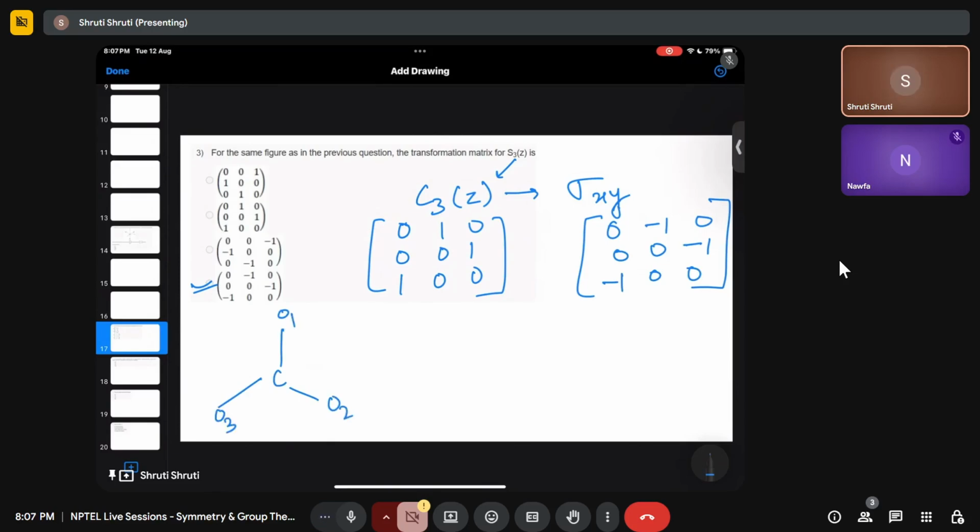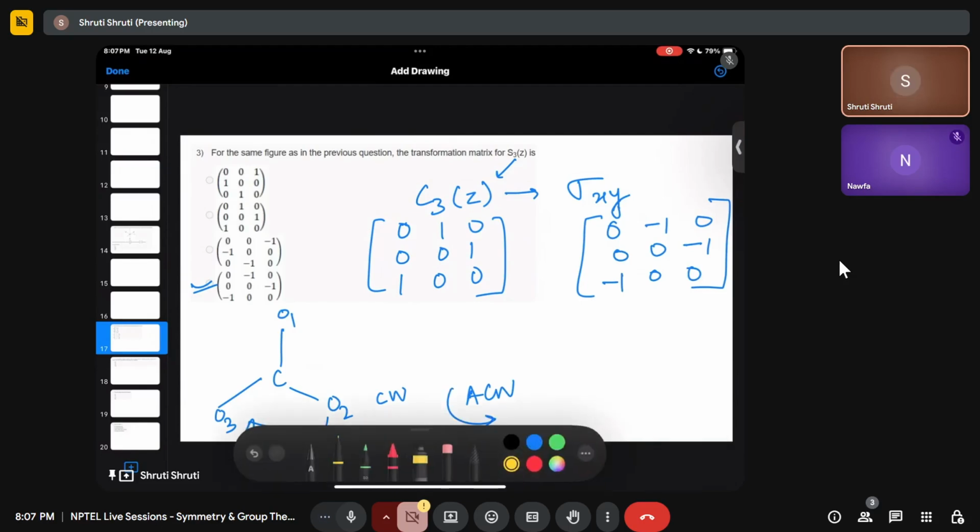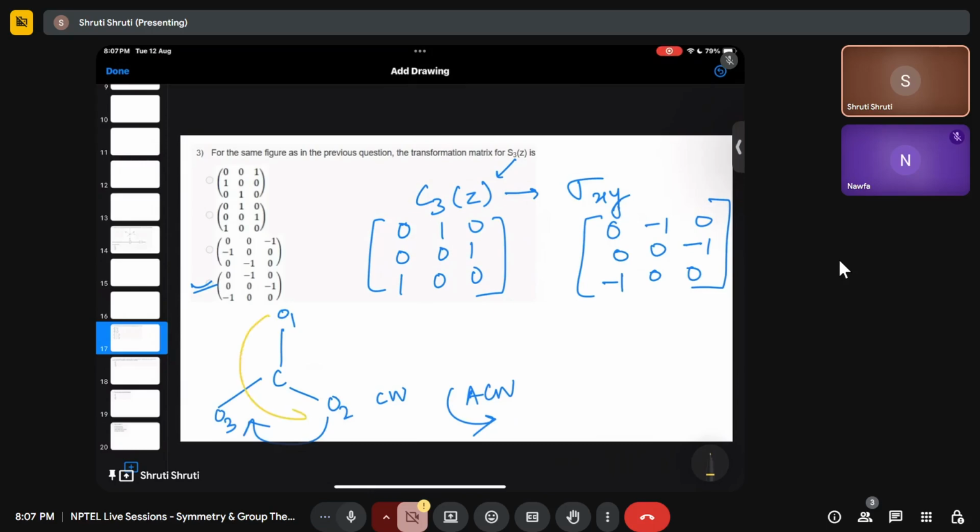If you do rotation in this angle like clockwise, you will get one matrix. But if you do anti-clockwise, you will get another matrix. Anti-clockwise is if you do rotation like this, and both will be transpose of each other.